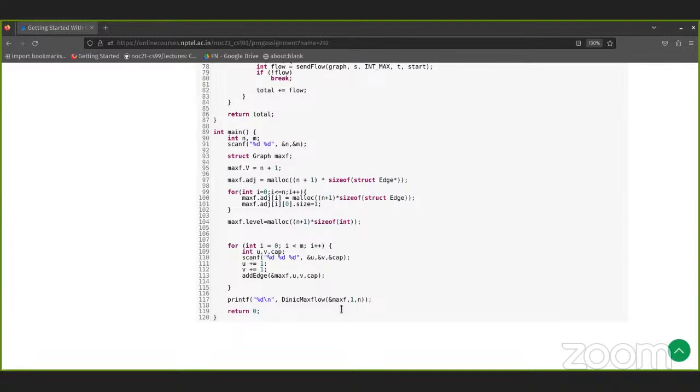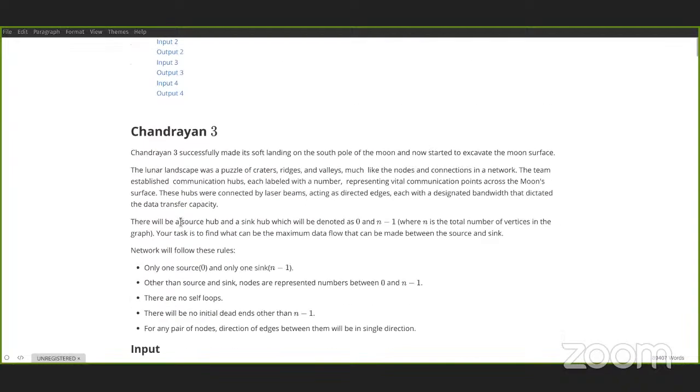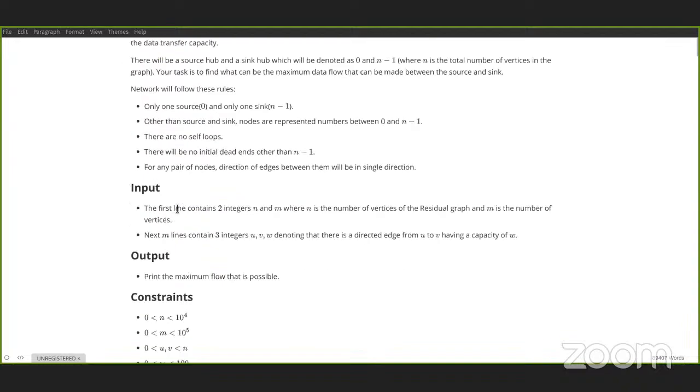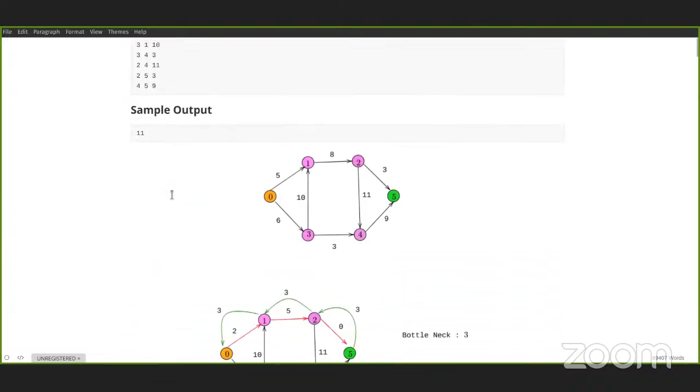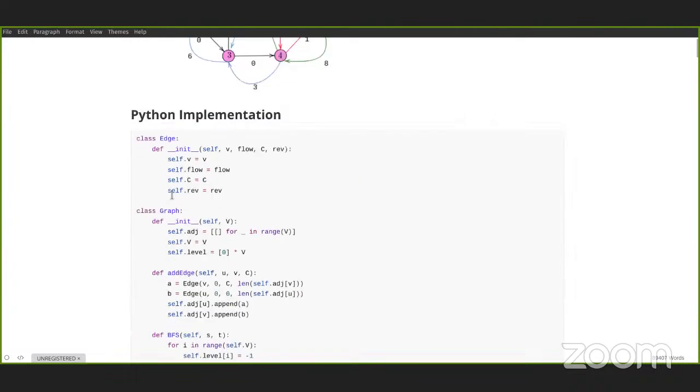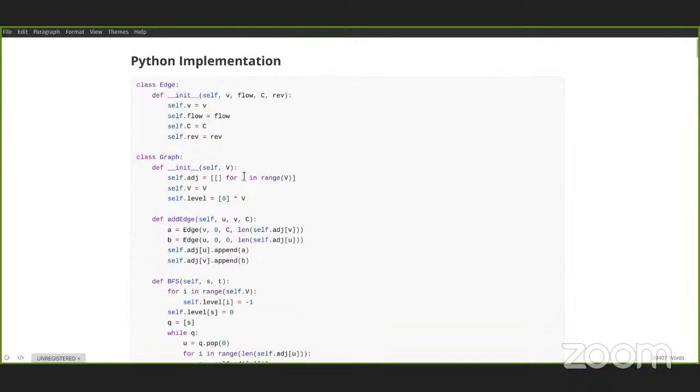Let me share this screen. Yeah, sure. So this is the same question, where we have the same thing. I have just got this. So let's try to see the Pythonic solution.